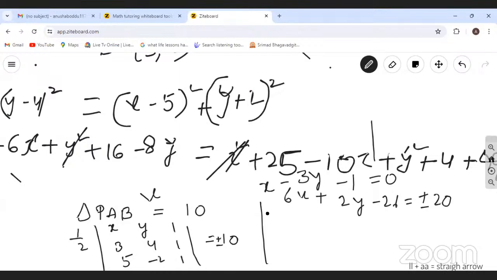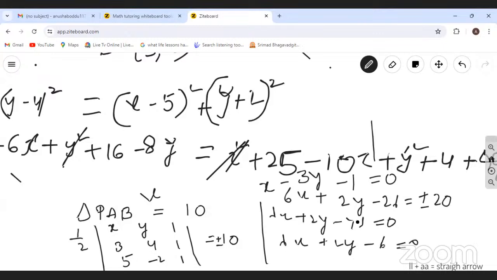6x plus 2y minus 46 is equals to 0 is one equation. And the other one is 6x plus 2y minus 6 is equals to 0.